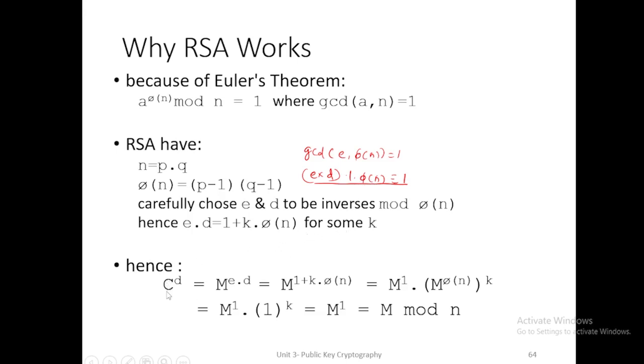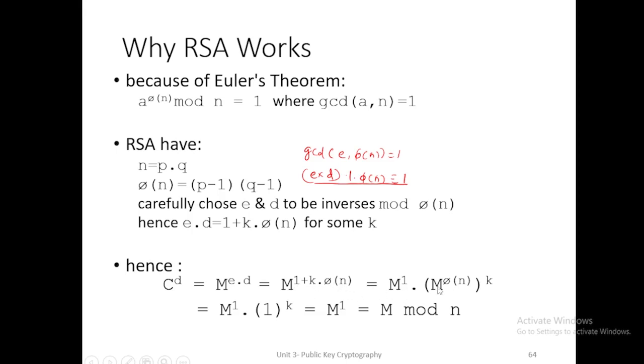On the decryption side, C power D is the calculation done. C is nothing but m power E, which is the encryption formula. So instead of C, I write m power E, so we get m power ED. Instead of ED, I can write 1 plus k into phi of n. This splits as m power 1 into m power k into phi of n.